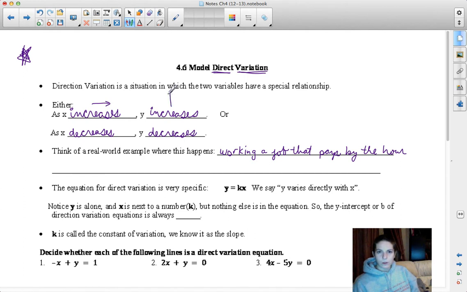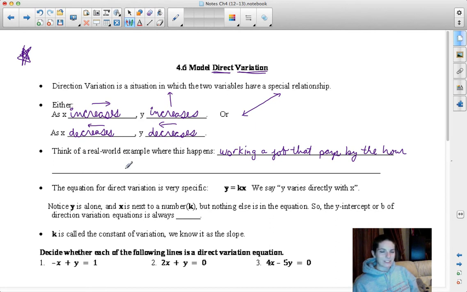Or as x decreases, as we move to the left, y decreases. As x decreases, y decreases.